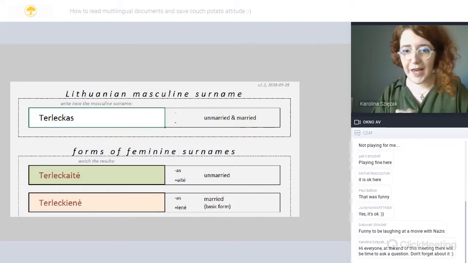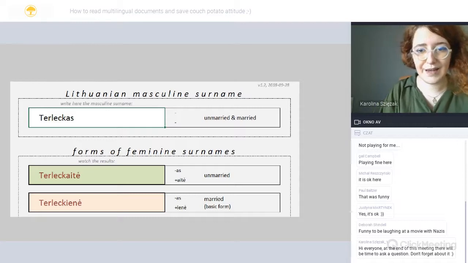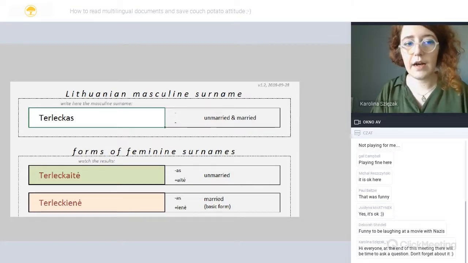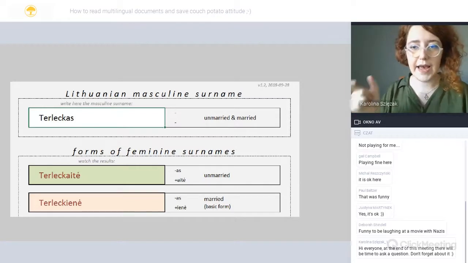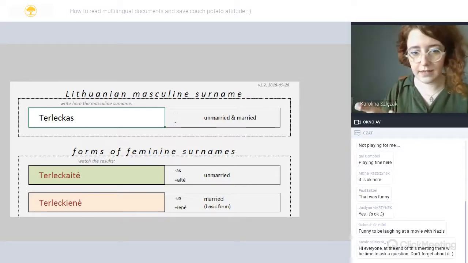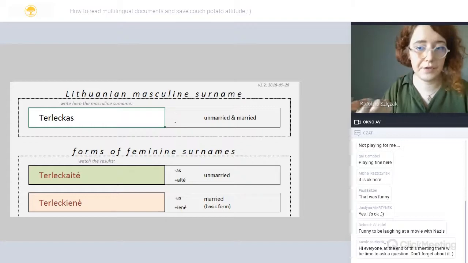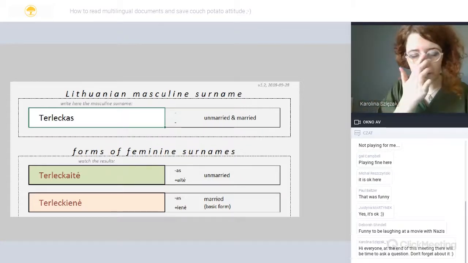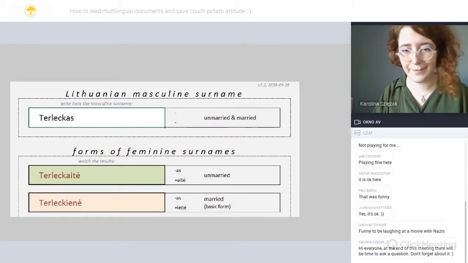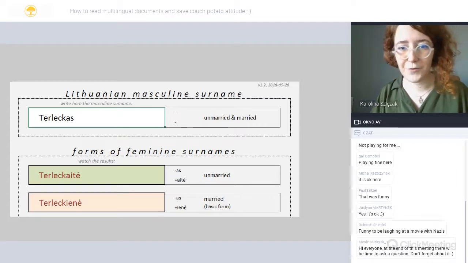And again, we might have a little struggle with Lithuanian surnames. Here we have an analogical situation, just as in Russian and Polish. We have the ending of a Lithuanian surname, let's say Terleckas, and the ending is usually "as" or "is". Here there is a tool created by the Lithuanian Genealogical Society.